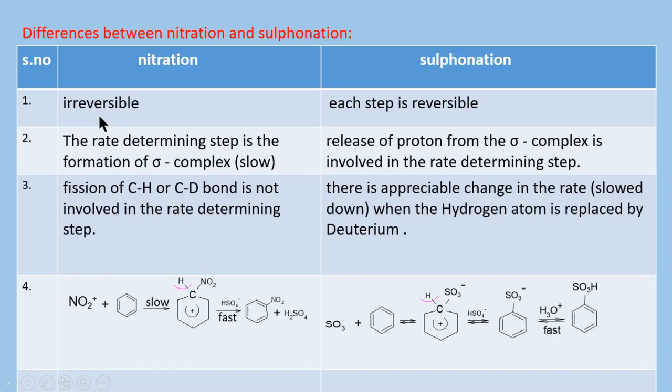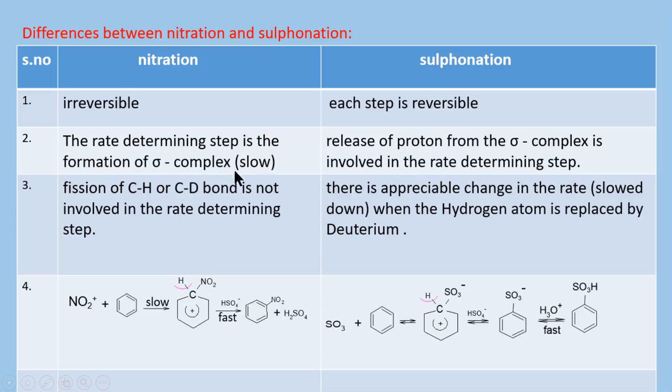So let us consider the other points. Everything is coming in the equation itself. This is irreversible, this is reversible. Here the rate determining step is the formation of the sigma complex. Here release of proton from the sigma complex is involved in the rate determining step.